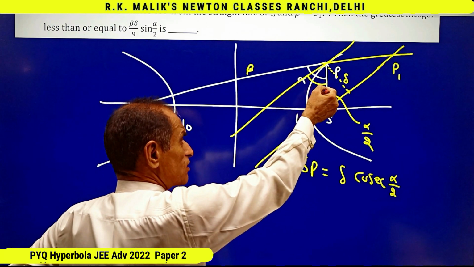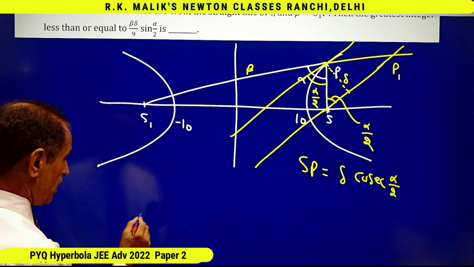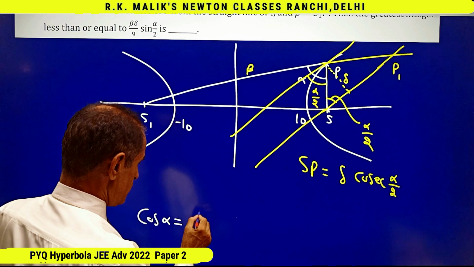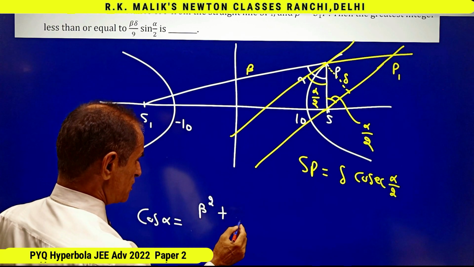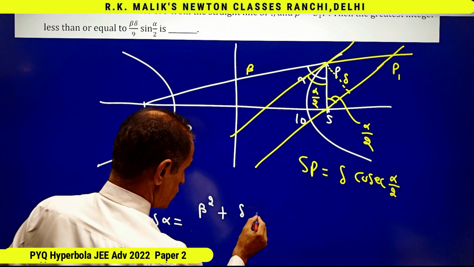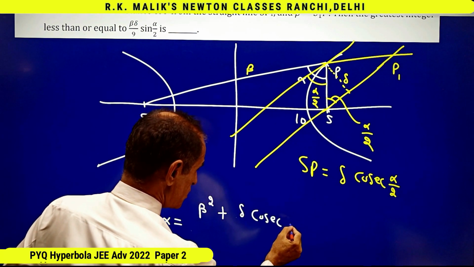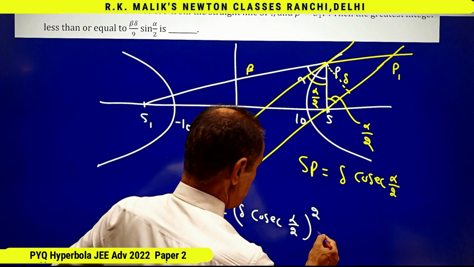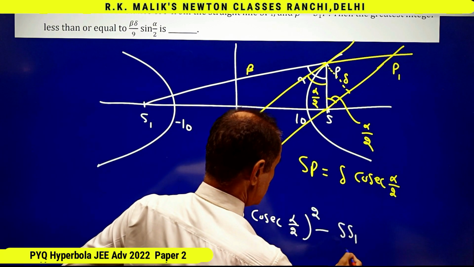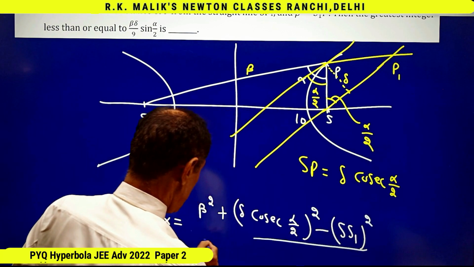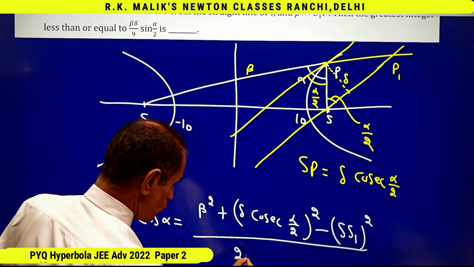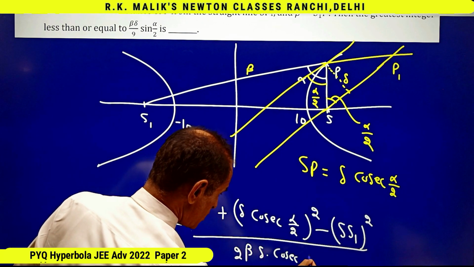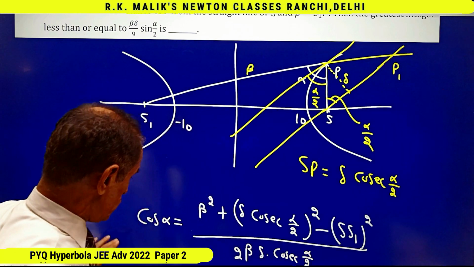And now, because this complete angle is alpha, using the cosine formula I can say cos alpha is equal to beta square plus delta cosec alpha by 2 square minus the distance SS1 square upon 2 beta delta cosec alpha by 2.